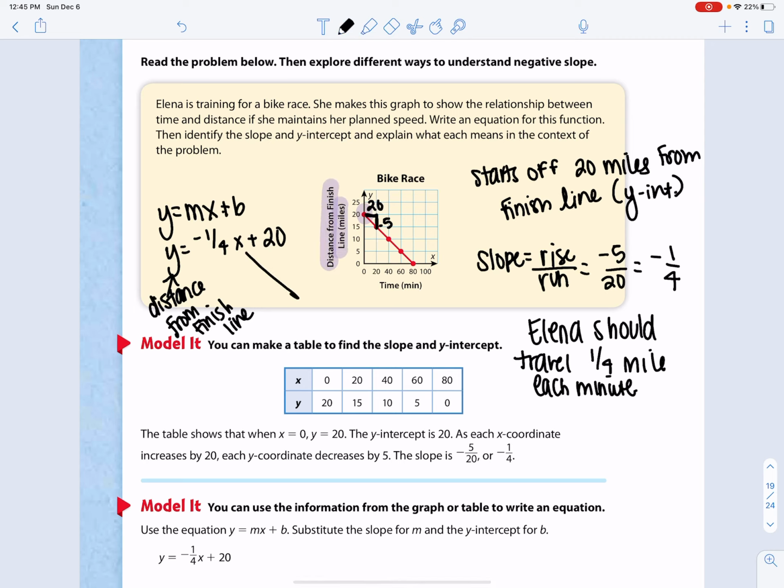The x is going to represent the time or the number of minutes. The 1/4 represents our slope, of course, which is the distance traveled per minute.